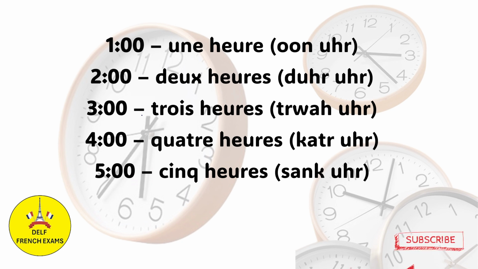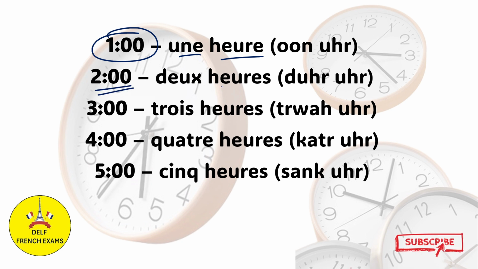Let's go for some examples by which you will understand how to speak time in French. Suppose it is 1 o'clock, it is spoken like une heure. 2 o'clock is deux heures. Then 3 is trois heures. The next one is 4, quatre heures.